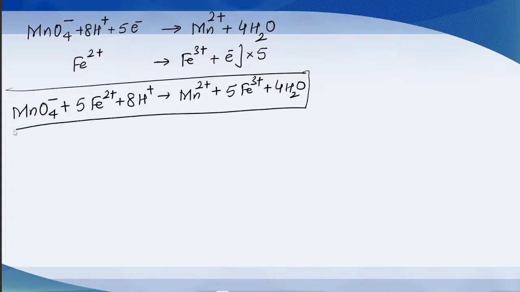So this is the balanced ionic equation. In KMnO4, active ion is MnO4 negative, and in ferrous sulfate, active ion is Fe2 plus. So Fe2 plus is oxidized to Fe3 plus, and MnO4 negative is reduced to Mn2 plus, and this is the balanced equation.